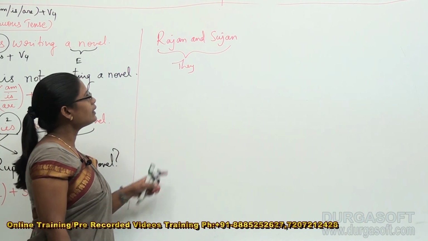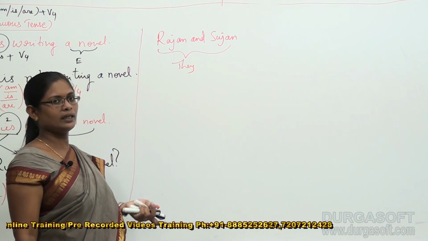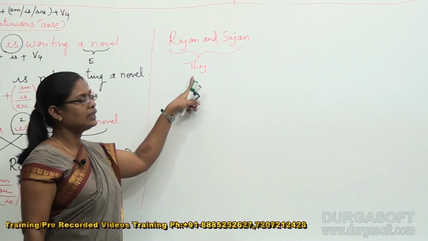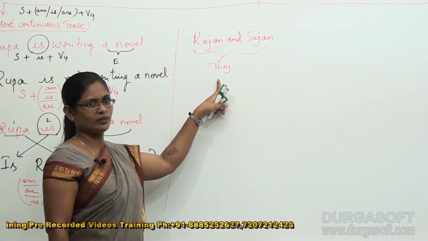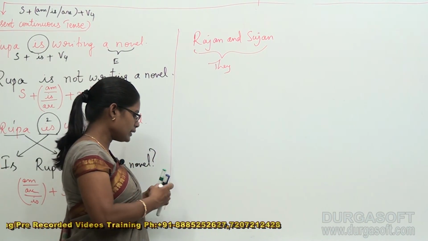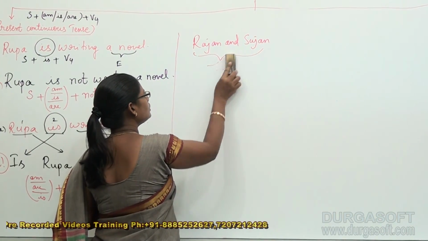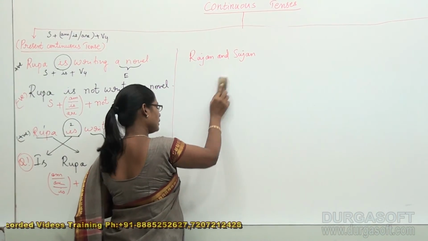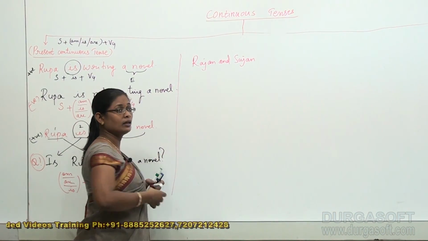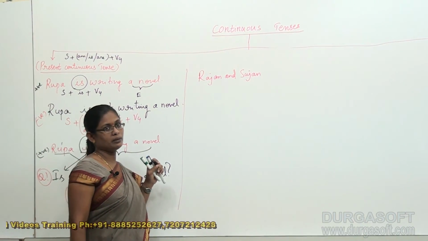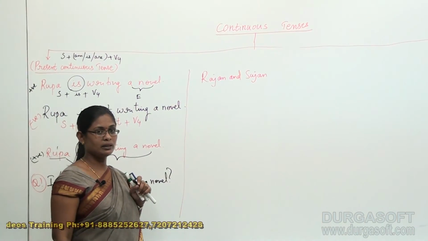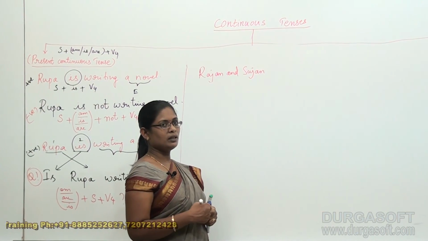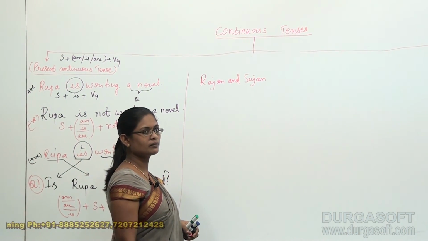Either I can take Rajan and Sujan directly as a subject, or I can shorten them and take them as they. As of now, let us deal with Rajan and Sujan directly, because we have got many examples with they. We dealt with many examples with they in our previous subject verb agreements, especially when we were dealing with simple tenses. Now Rajan and Sujan, how many subjects are there here?